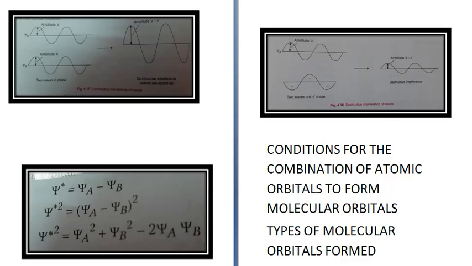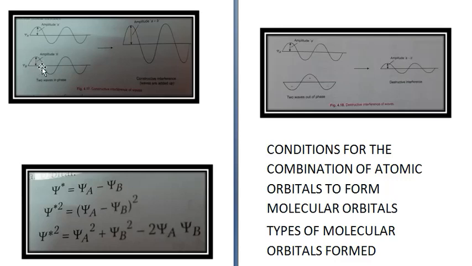See here, it is shown, constructive interference of waves. This is the wave function A, so this is the amplitude of A. This is the second wave B, so wave function B, and this is the amplitude of wave function B.